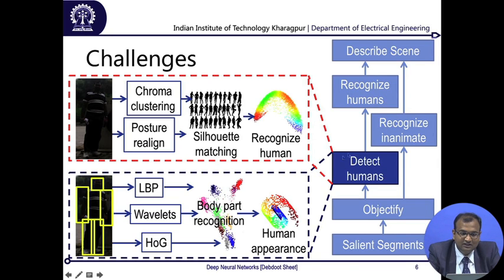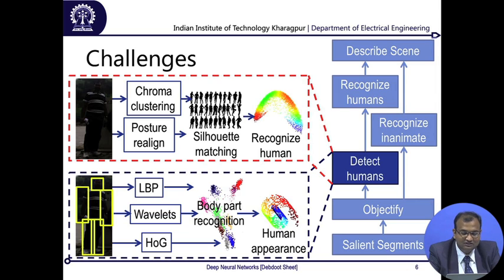Now you see that even for detecting humans there can be the first block, there can be the second block, and both of them may be equally good and equally bad, and people would still keep on arguing as to which one to use. Now this is a major problem, and these are actually very big problems which are plaguing the community today, and that's where deep learning comes into play.